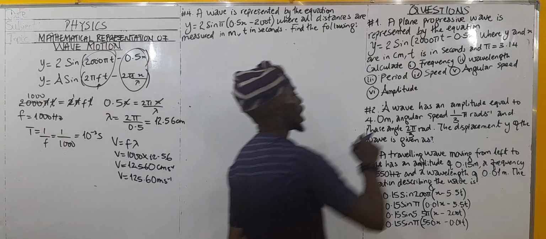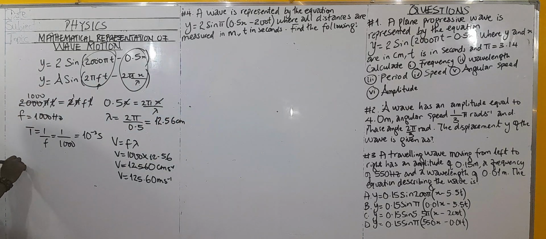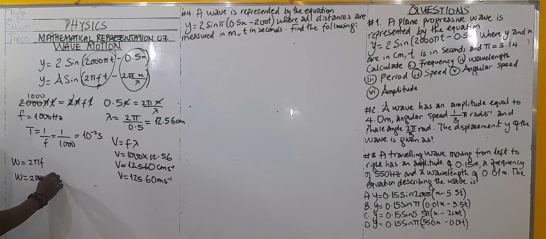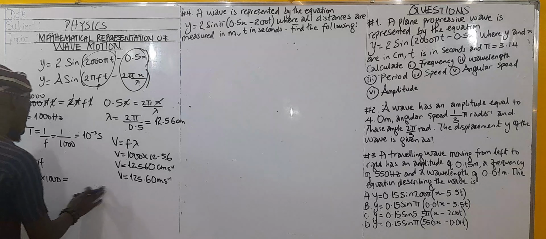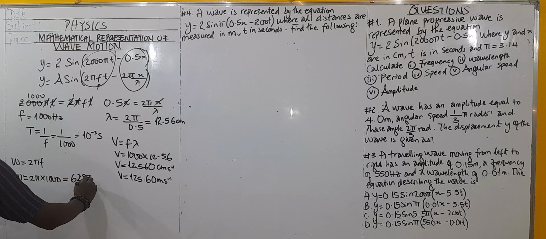I'll go to the next one: angular speed. What is angular speed? Angular speed is ω, and that is 2πf. So I write ω = 2π × 1000, which should give me 6283.2.